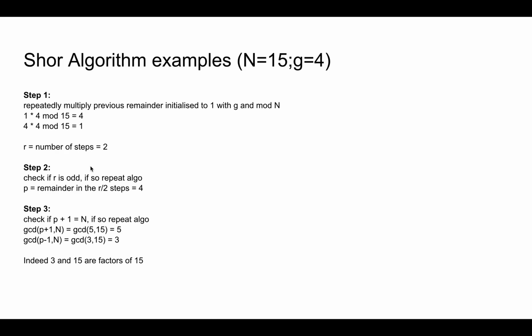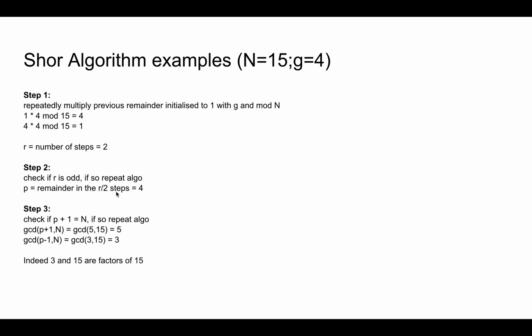So actually, if the number of steps is odd, then we need to repeat the algorithm, because p is defined to be the remainder in r over 2 steps. But if r is odd, let's say r is 3, then how are we going to perform it in 1.5 steps?